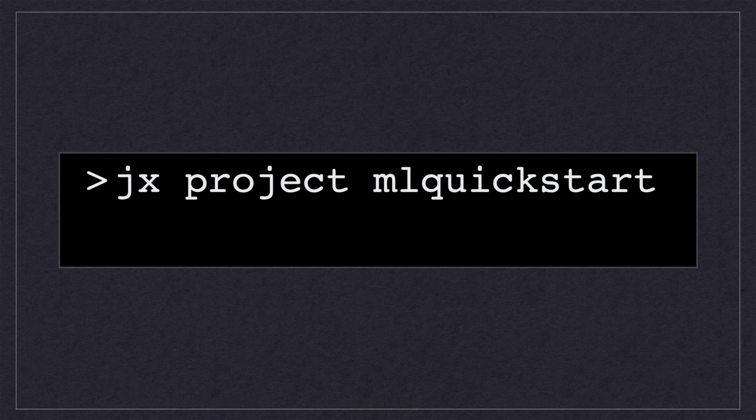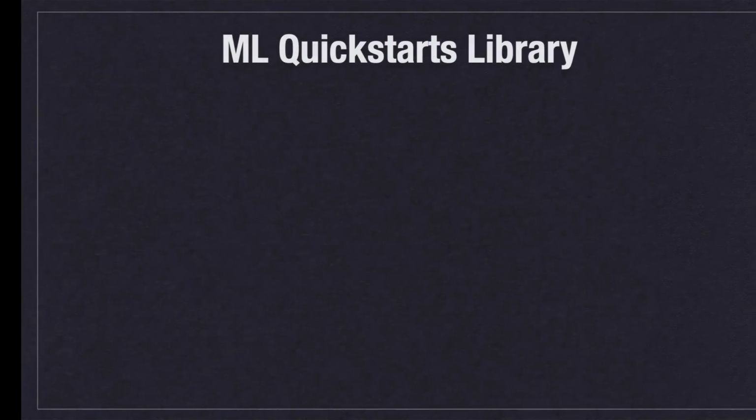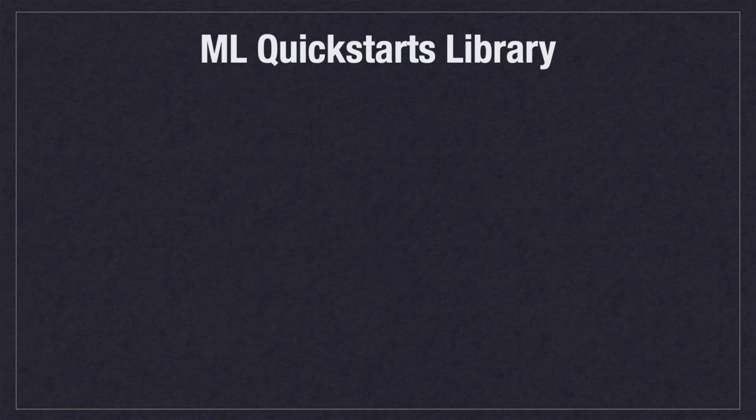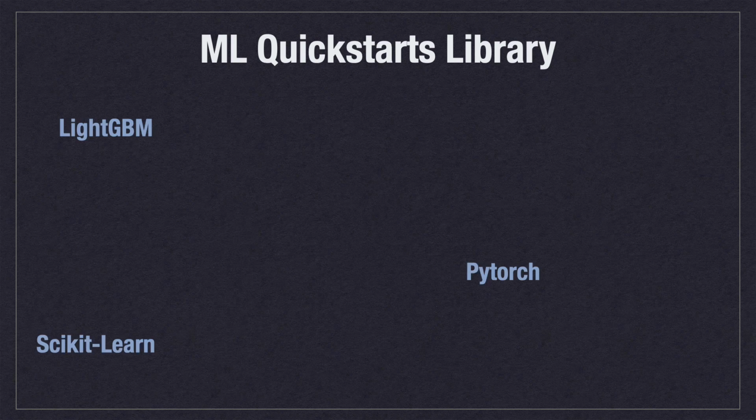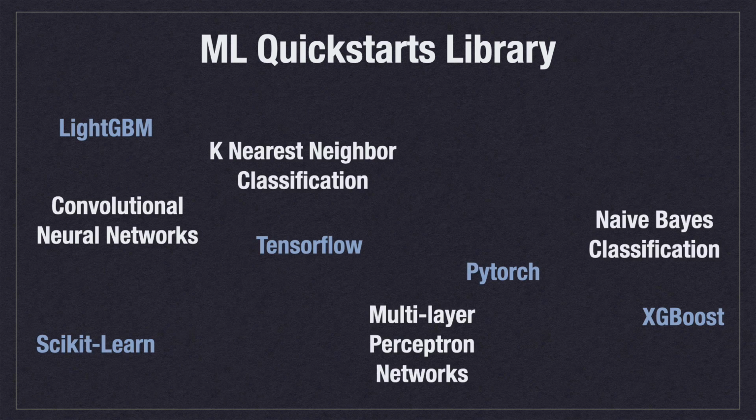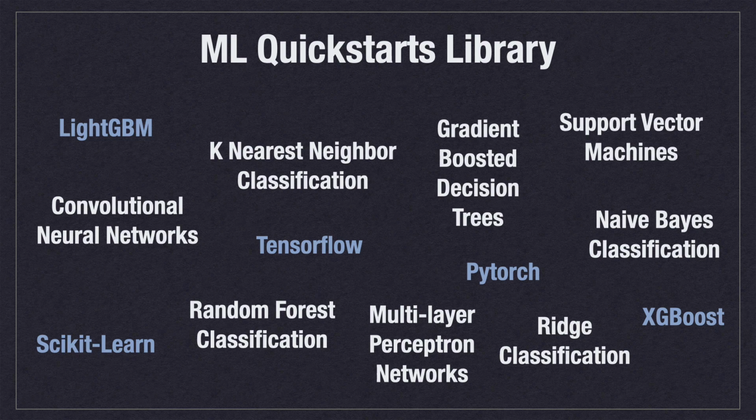What JenkinsX does is it provides a set of quick start libraries, and those libraries cover a range of common frameworks for machine learning and provide example projects for a whole range of different types of techniques in the machine learning space.